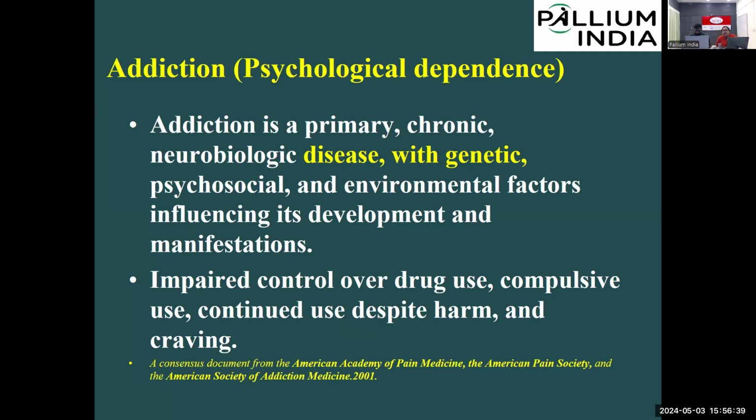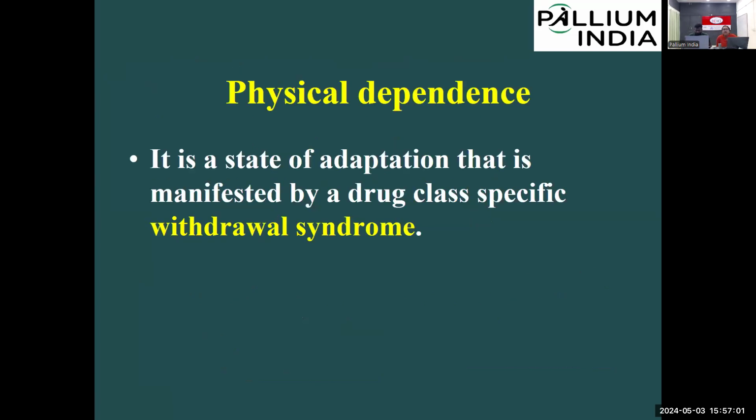Addiction is a primary chronic neurobiologic disease with genetic, psychosocial, and environmental factors influencing its development and manifestations. Impaired control over drug use, compulsive use, continued use despite harm, and craving. That is psychological dependence. And physical dependence is a state of adaptation that is manifested by a drug class specific withdrawal syndrome.